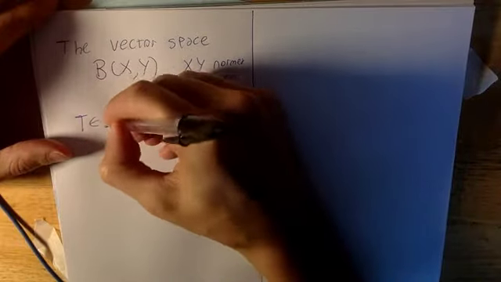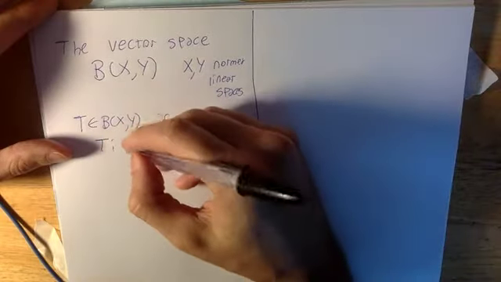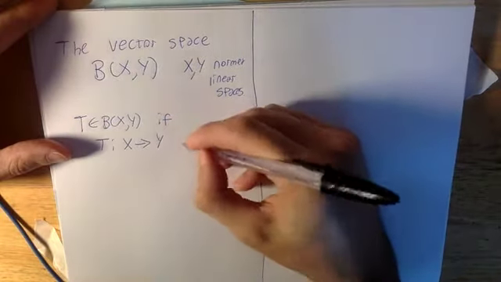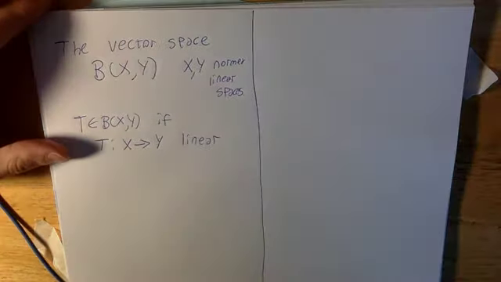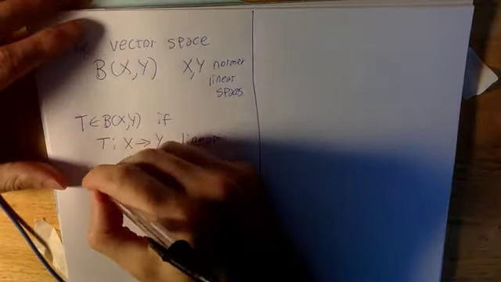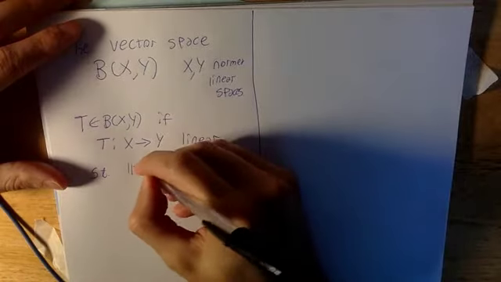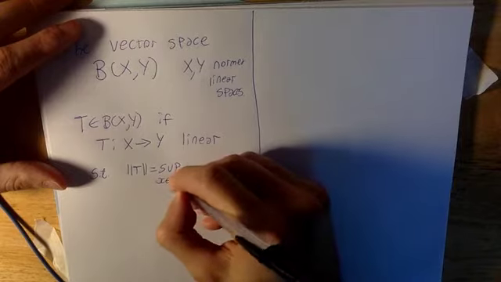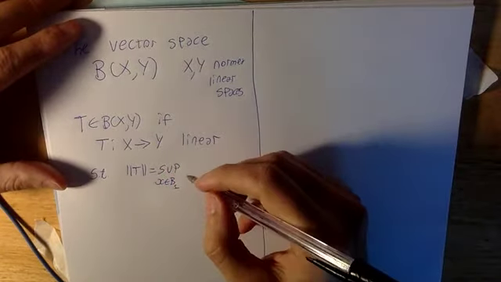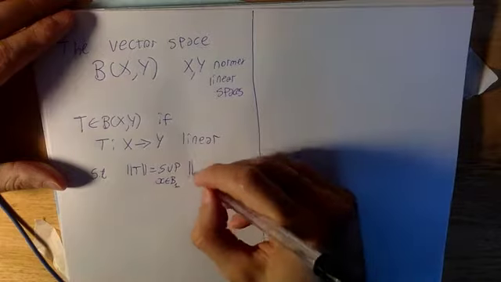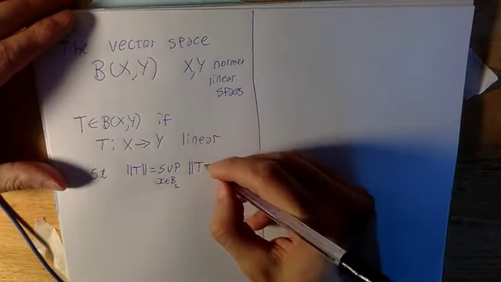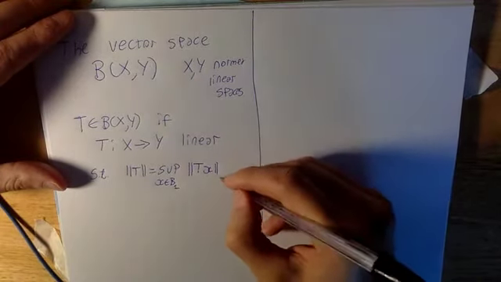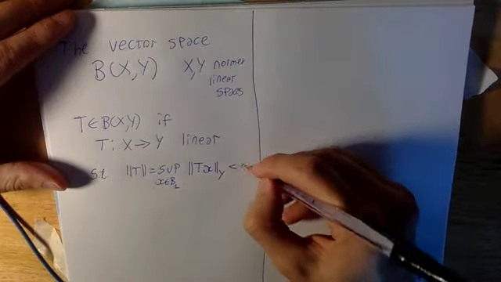Okay, so morally what we had said is that T is in B(X,Y) if T is going from X to Y, which is a linear transformation, such that the norm of T, which is equal to the supremum over x in B1 of the norm of T of x in Y, is less than infinity.